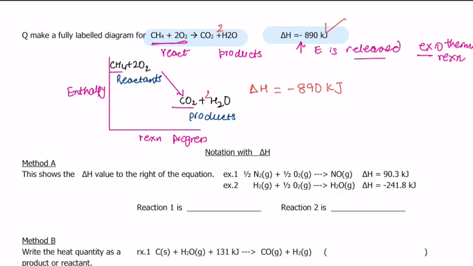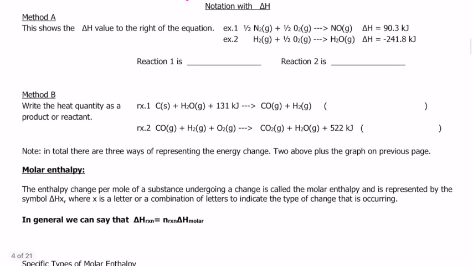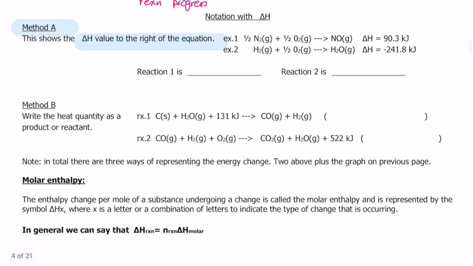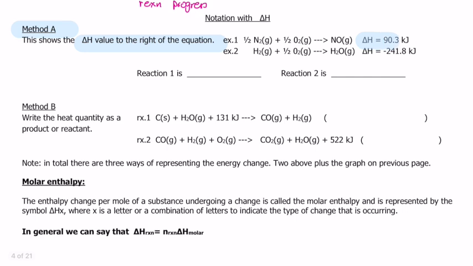Having seen how to draw graphs, let's take a look at 2 other ways in which we can represent the enthalpy change associated with a reaction. So method A shows this delta H value to the right of the equation, just like it was written for you up here in this question. So you write an equation and then you write its delta H value.